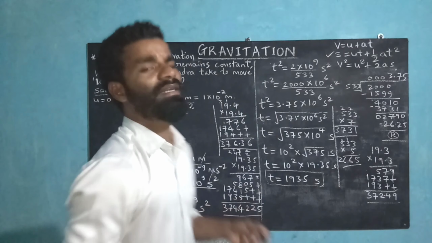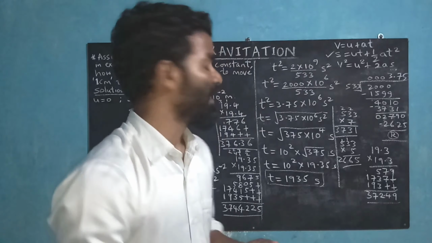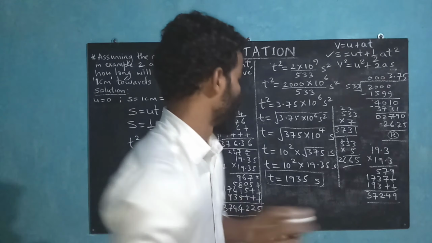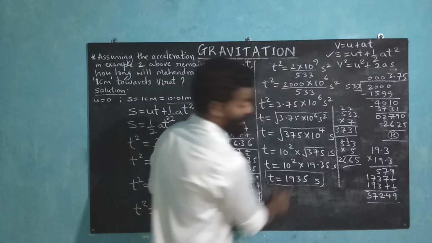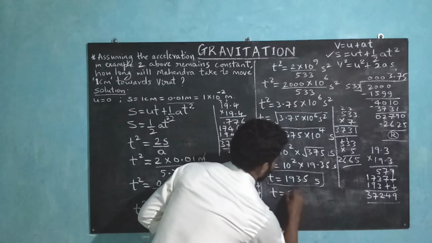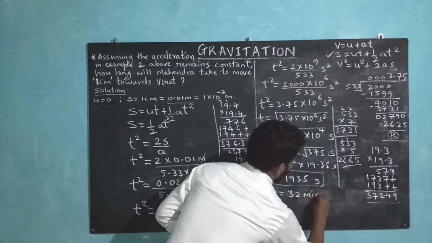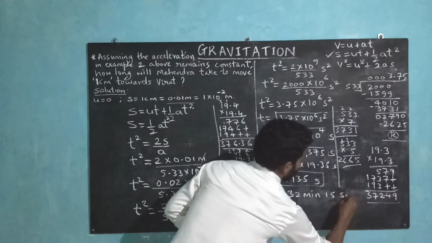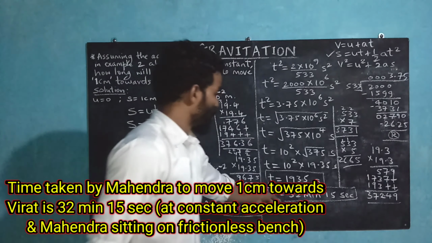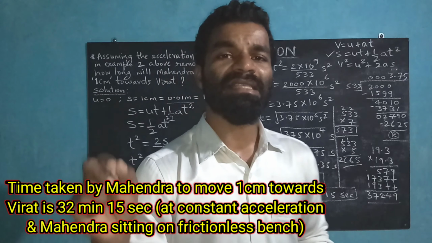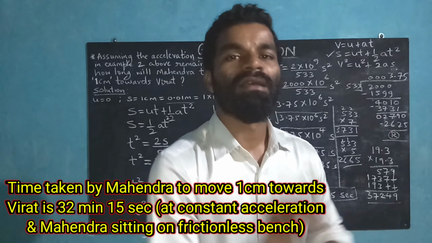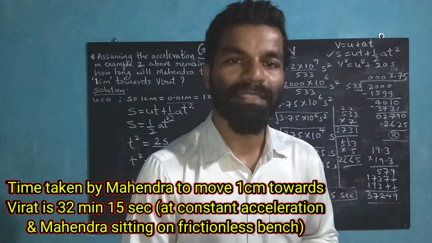Now you can convert that into minutes too. For converting it into minutes, you have to divide the seconds by 60. So you can divide this by 60, you will get 32 minutes 15 seconds. So this will be the answer. So t is equal to 32 minutes 15 seconds, and this is the time required by Mahendra to move towards Virat by 1 centimeter distance.